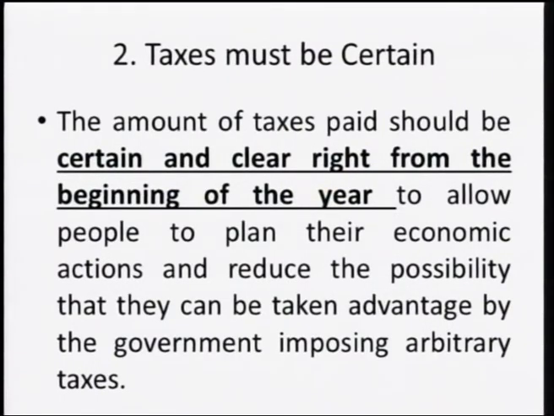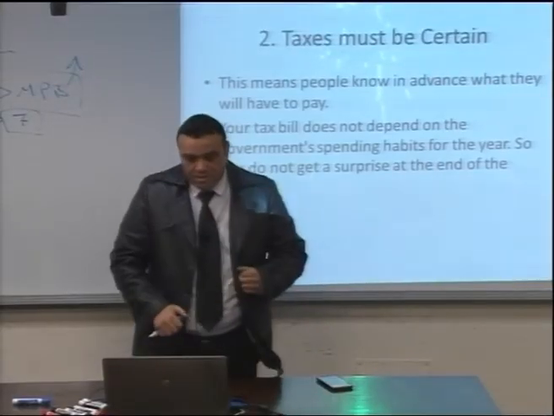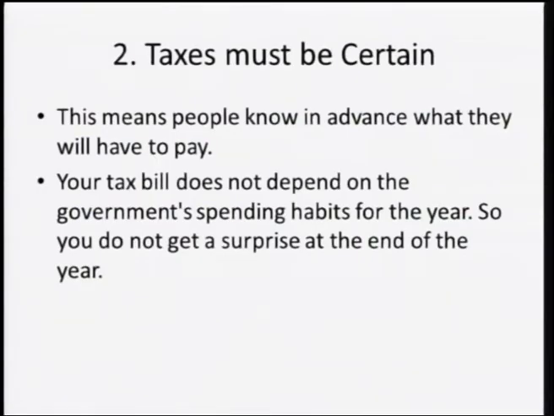You know the plan: you are told from the beginning of the year that you have this tax to pay, this and this. Clear. This means it should be clear. Taxes must be certain. This means that people know in advance what they will have to pay. Okay?